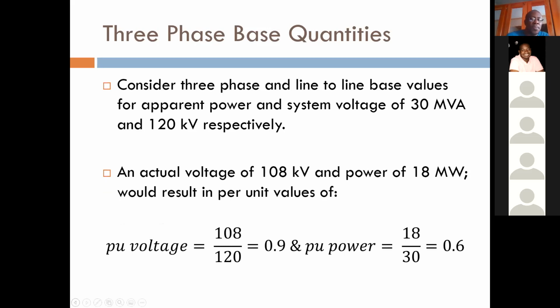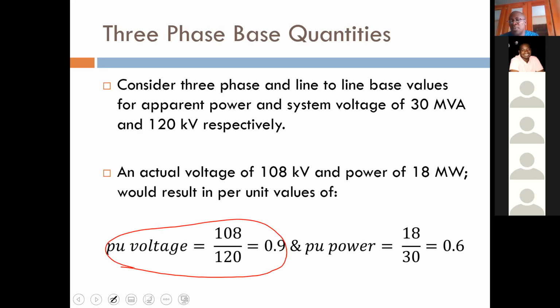Let's give me a minute here. For your per unit voltage, we'd have 108 over 120, and for your per unit power, we'd have our 18 over 30.